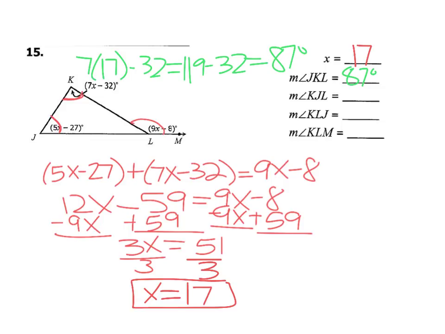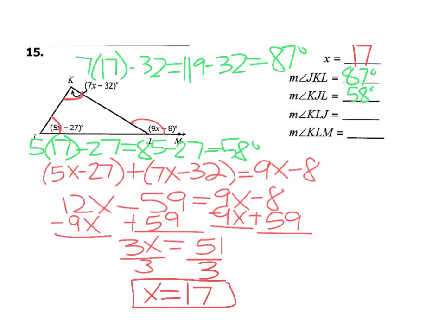Now we want to go back and find angle J, or KJL. So 5 times 17 minus 27. 5 times 17 is going to give us 85 minus 27 equals 58. Okay, so KJL is 58 degrees.